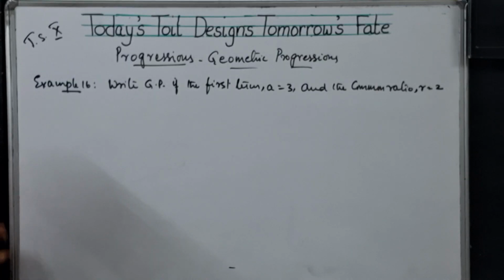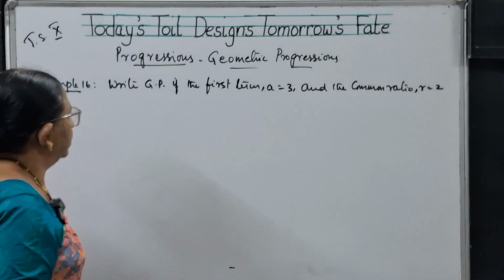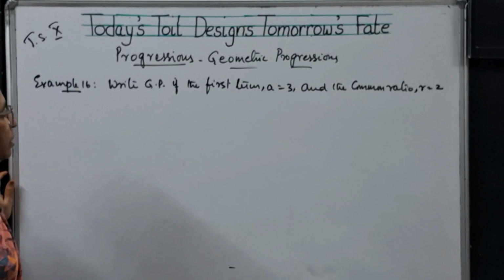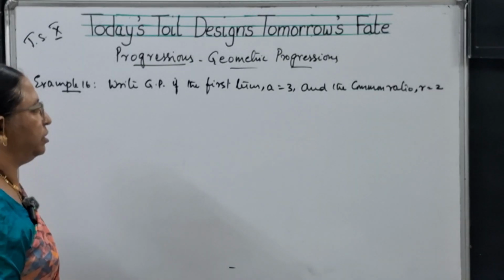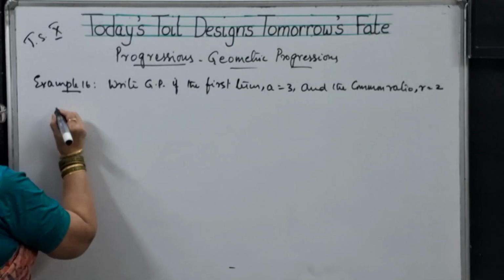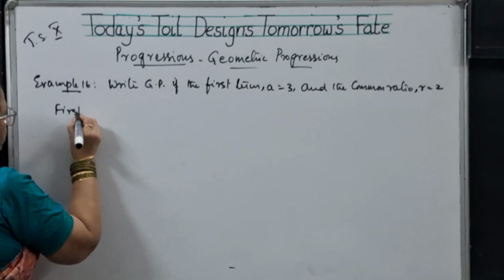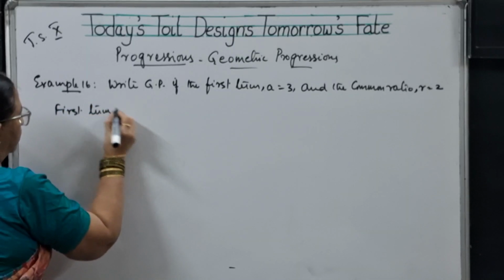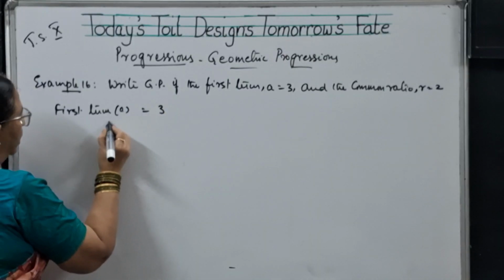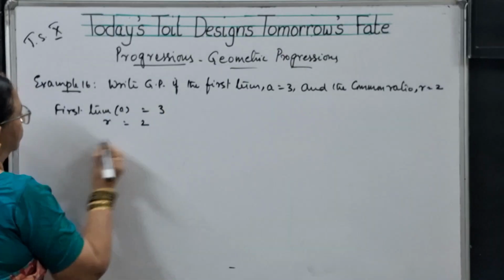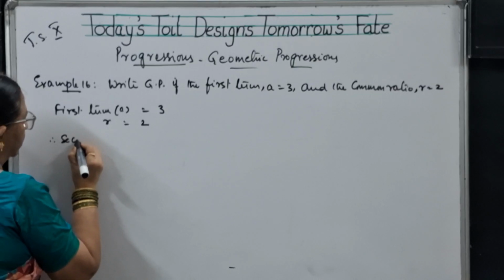Now the next one is example 16, children. Write the GP if the first term A is 3 and the common ratio is 2. So first term, that is A, is 3 they have told, and R is given as 2. Therefore, what is the second term?